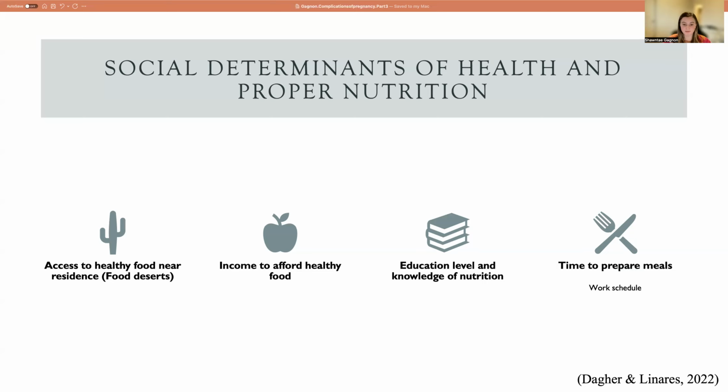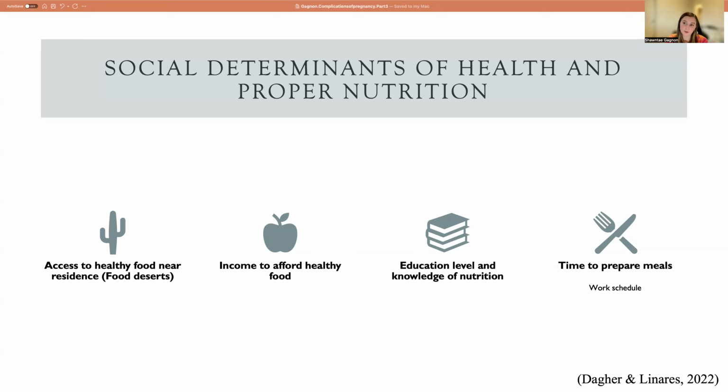It's really easy to see that healthy foods cost more than processed foods or less healthy foods do, which is unfortunate, but just kind of the reality of things. So, maybe can they afford to buy healthy foods every week? And then what's their education level as far as their knowledge of nutrition goes? There are so many nutrition myths out there that people fully believe that just aren't true.